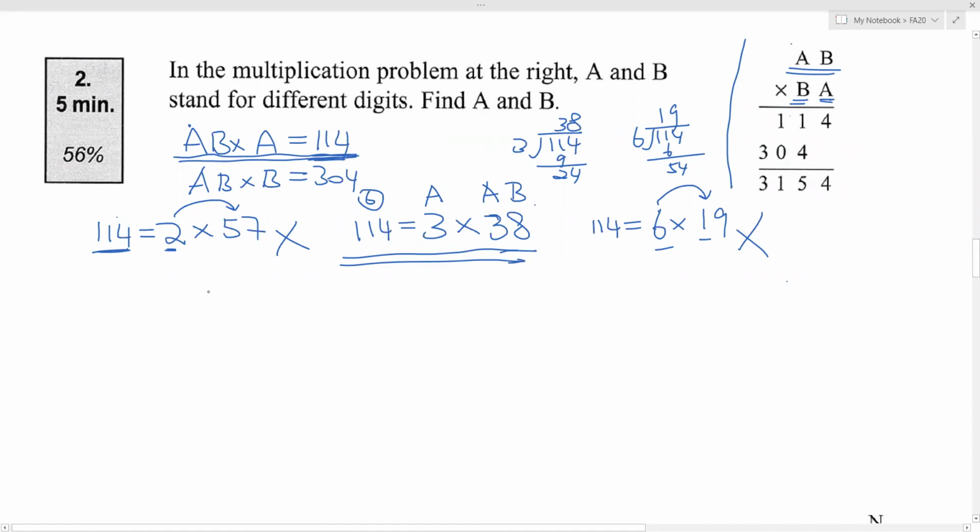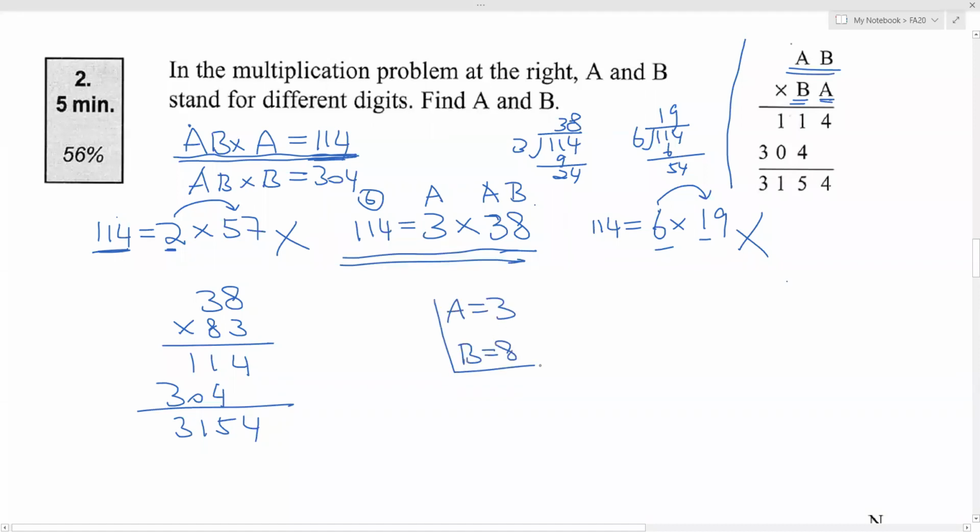Let's try it: 38 times 83 gives 3144 and 304. So very good. It's just one little trick here. Let me write A equals 3, B equals 8.